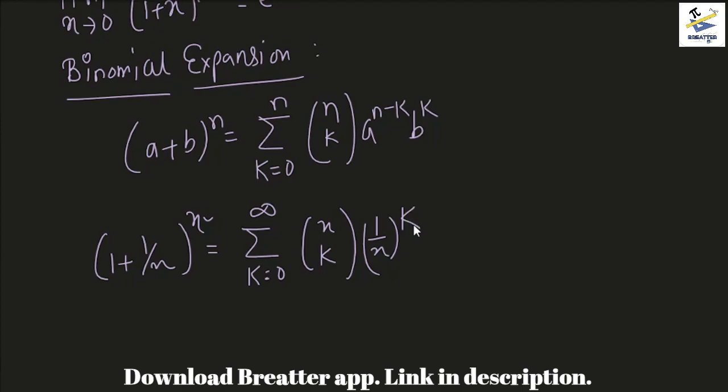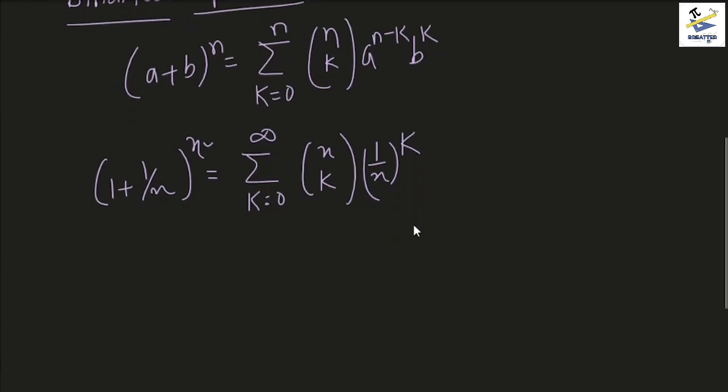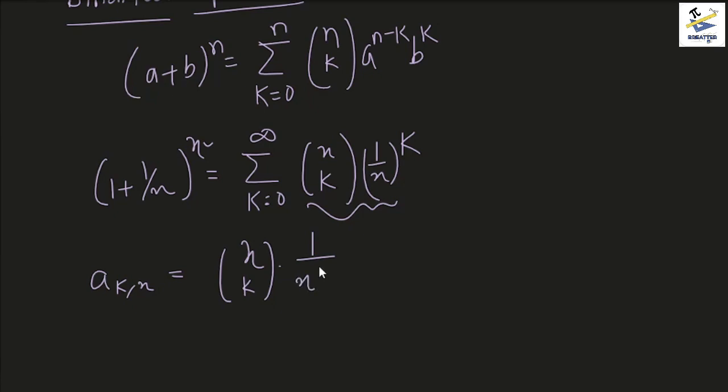Now the thing to be noted is this term here. If you write it as a function of both k and x, it can be written as x choose k into 1 by x to the power k, right? Now, how do we define this binomial coefficient for rational numbers or real numbers or even negative numbers?